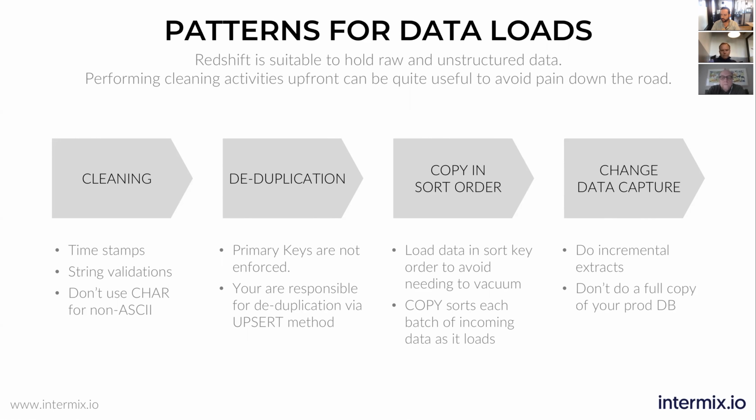There are ways to ensure that you don't have to re-sort a table that has a time series column as a sort key, if you're able to copy that data in sort order from the beginning. This process is not compatible with using upsert in some cases, so you have to make sure that you're not attempting to copy and duplicate rows in sort order.